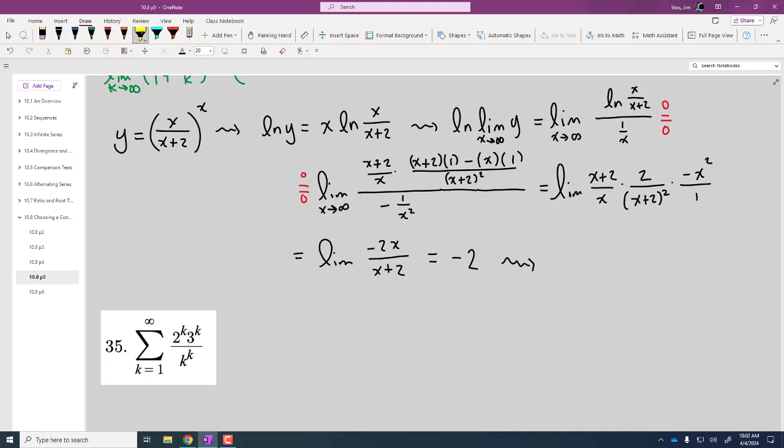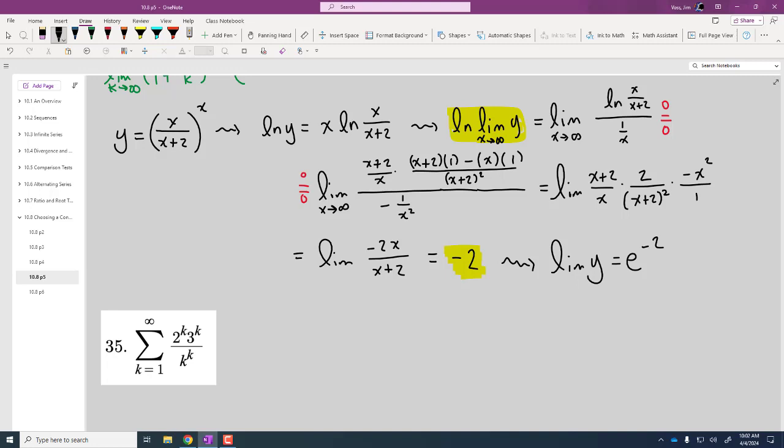So if we look at the left side of the equation right here, there's the left side, and here's the right side. And that tells us that the limit of y, if we exponentiate both sides, is e to the -2, which is what we got above.